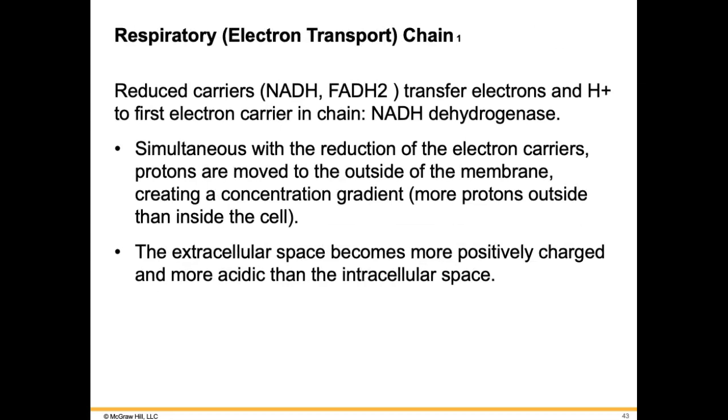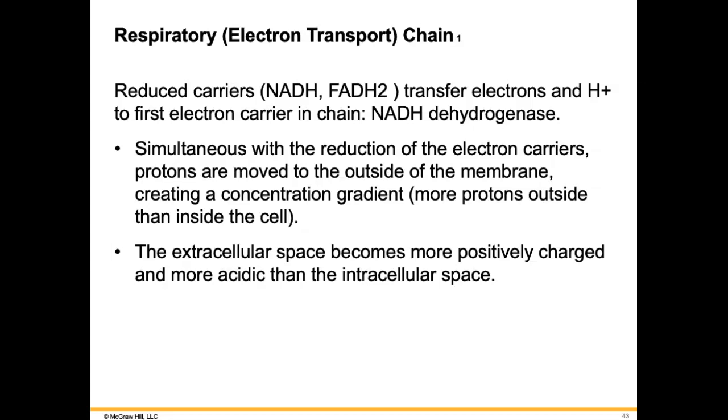So in the electron transport chain, reduced carriers NADH and FADH2 will transfer electrons and that hydrogen to the first electron carrier in the chain, which happens to be NADH dehydrogenase. Simultaneous with the reduction of the electron carriers, because as they transfer those electrons, remember, they're being reduced, protons will move to the outside of the membrane, creating a concentration gradient.